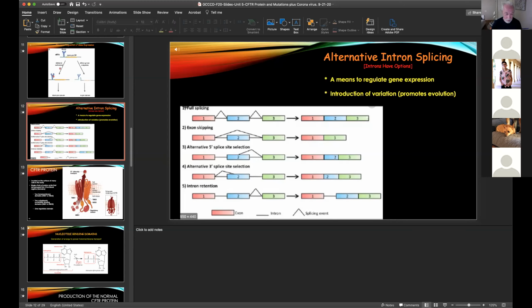There can be alternative splicing. So the illustration here shows that either one end of exon 2 can be there, or the opposite end can be preserved. And sometimes introns are retained in the bottom and become part of the coding sequence. So depending on how introns are spliced can determine the protein, and therefore is a level of gene regulation.